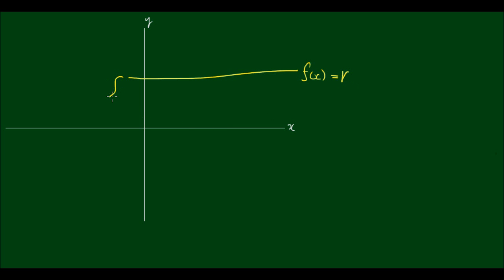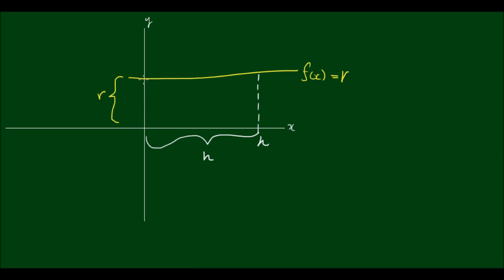So it is at a distance r above the x-axis. And let's say that our interval is between the origin and the point h along the x-axis. So we have the distance h here.